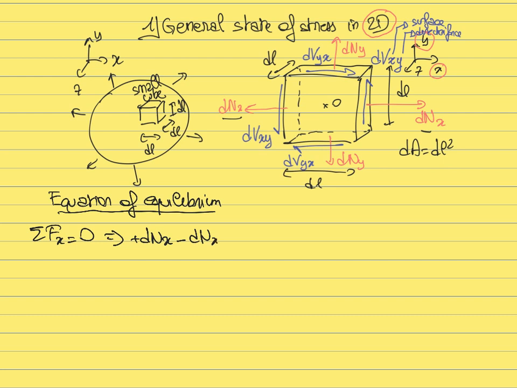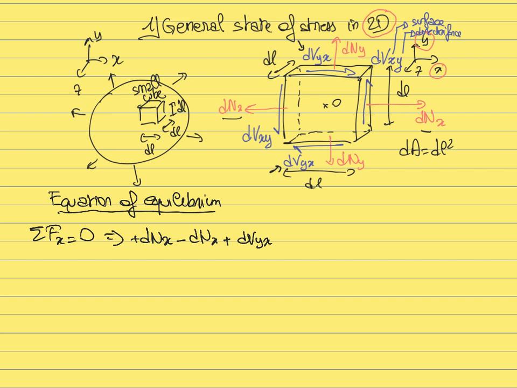We also have two shear forces that are along the x-axis, so they also need to be included. We have dVyx that is on the top. This one is pointing towards the positive x, so it has a positive projection.